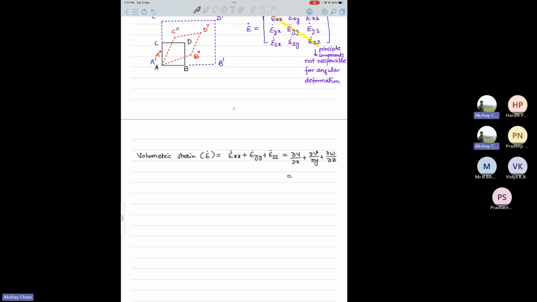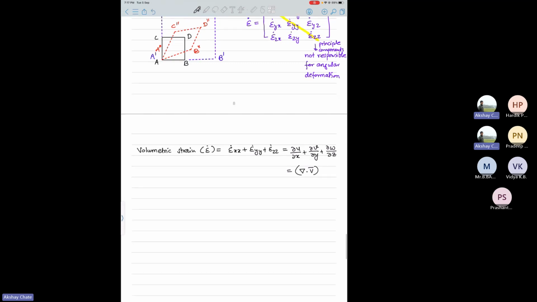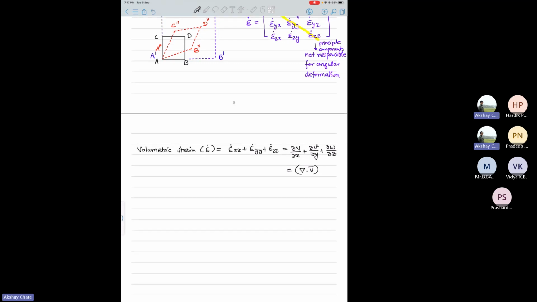This is equal to the divergence of velocity. So if the flow is incompressible, we have seen earlier that the divergence of velocity is 0. This implies the volumetric strain rate is also 0.